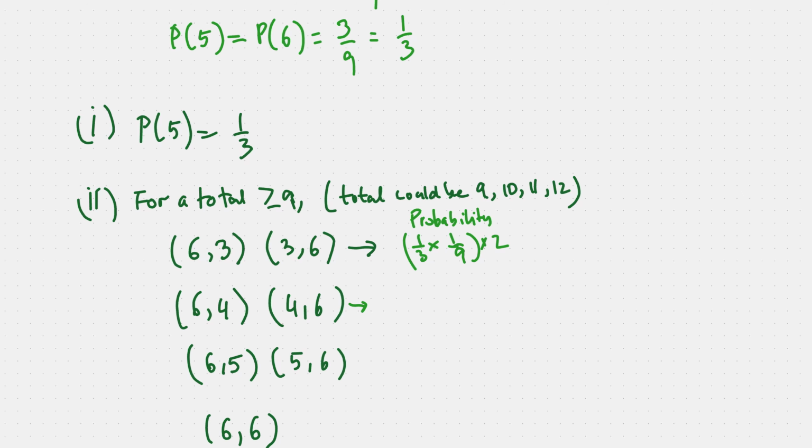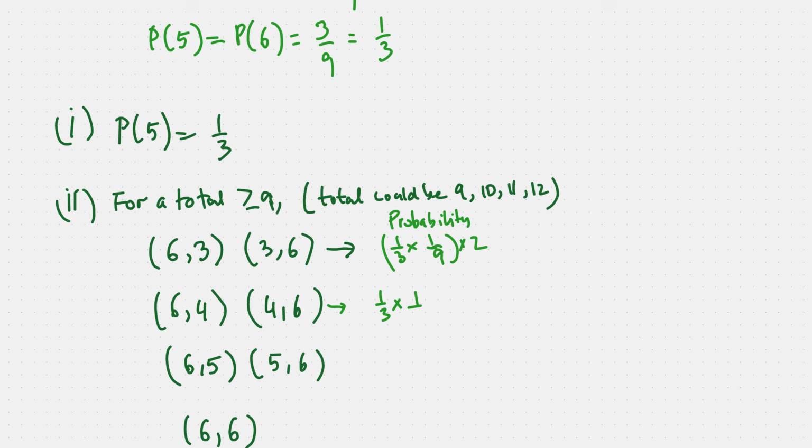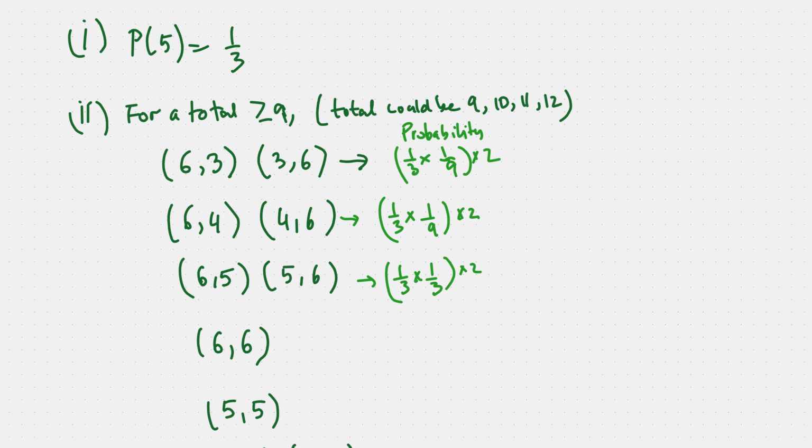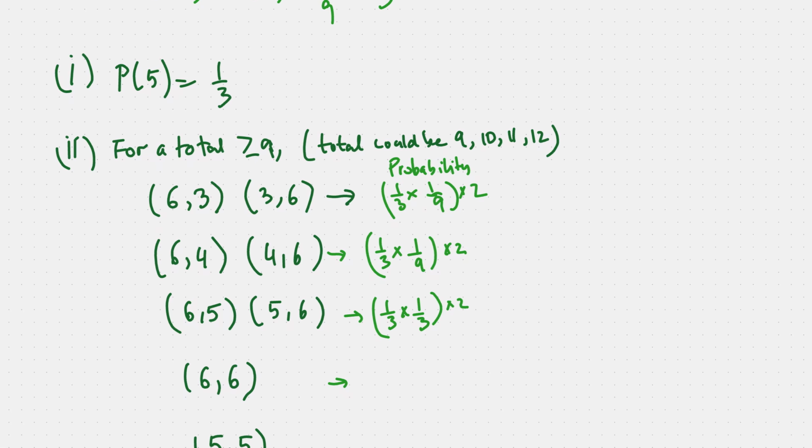The next one, 6 and 4: 1/3 multiplied by 1/9, and once again that's multiplied by 2. Then 6 and 5, they are both 1/3, multiplied by 2, and then 6 and 6 is 1/3 times 1/3.